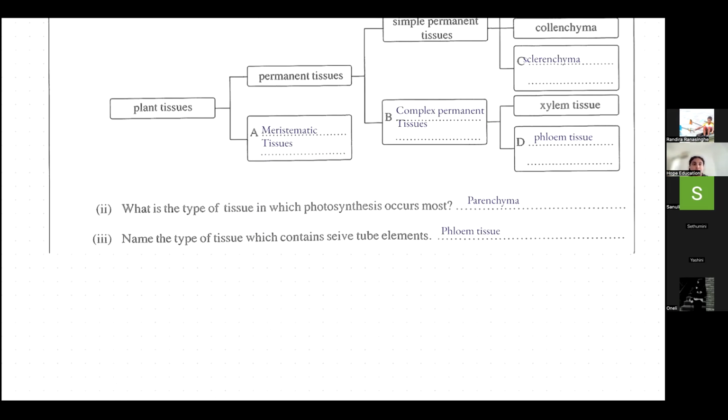Then the second question. There's a C part as well. Let me get the question to the whiteboard. It's a photosynthesis question.